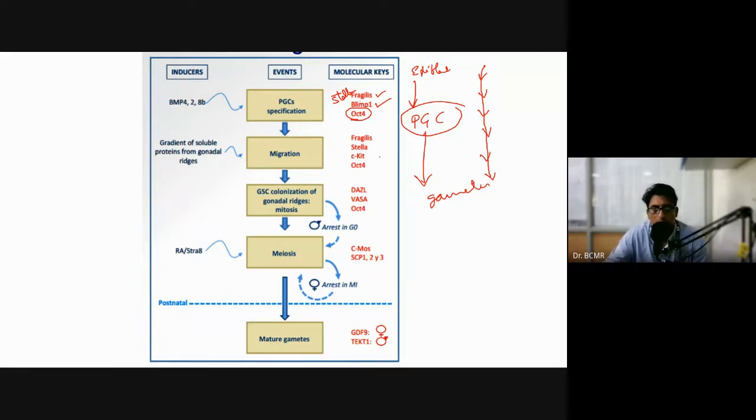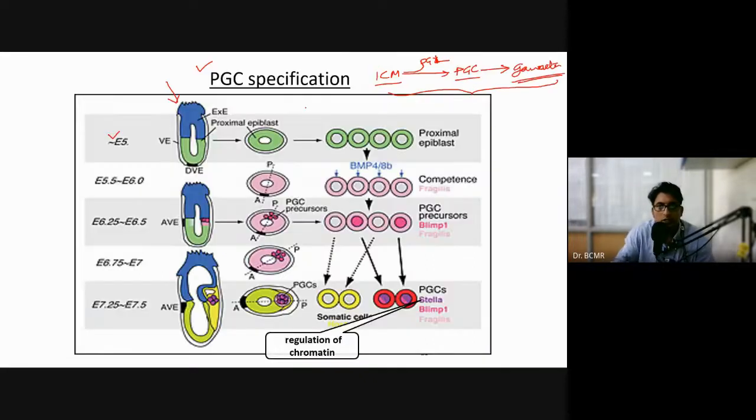That's how science grows. So the inducers are BMP4, 2, and 8B, and they will cause the PGC specification. And if I didn't mention it, the primordial germ cells form somewhere outside, in the extraembryonic membrane tissues.